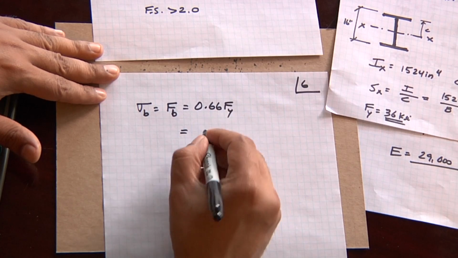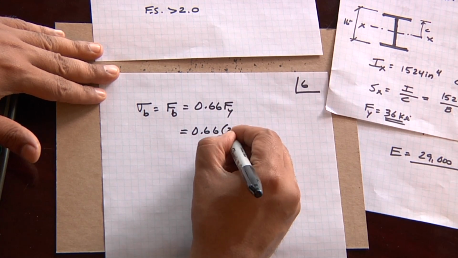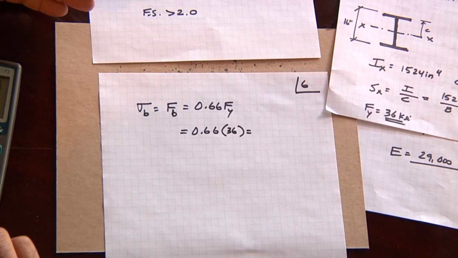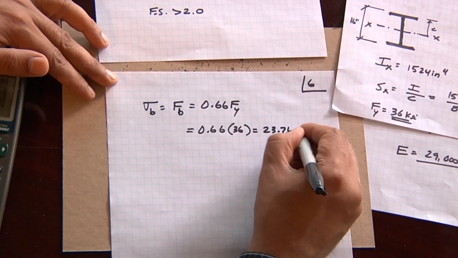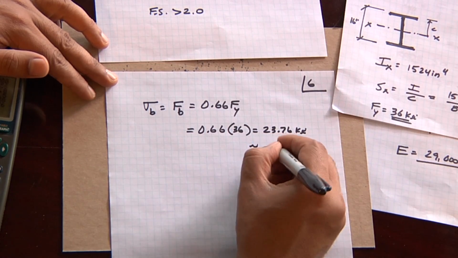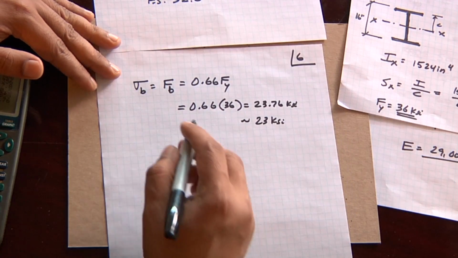So for 36 KSI steel, 0.66 times 36 comes in at about 23.76 KSI. We can approximate that to 23 KSI. Many times we just use 24, but we use 23 for this example.